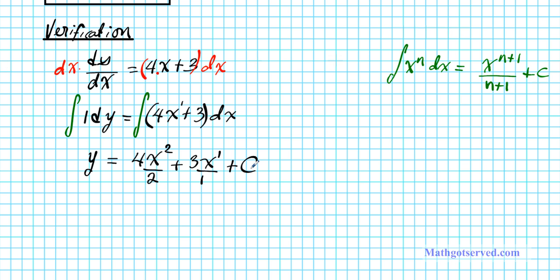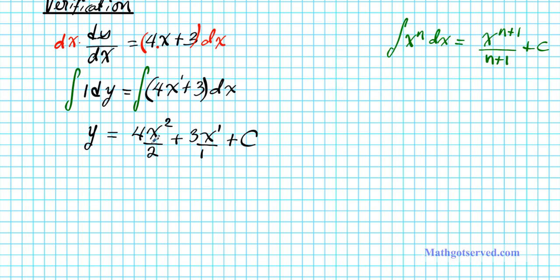Now this constant is a composite constant. It's a combination of the constant from the y and the constant from the x. So we just combine them together nicely to have that big C there. Okay? Because when we differentiate, that constant, the composite constant, will drop off. All right, let's simplify this equation. We'll have y equals, 2 goes there twice, 2x squared plus 3x plus c.